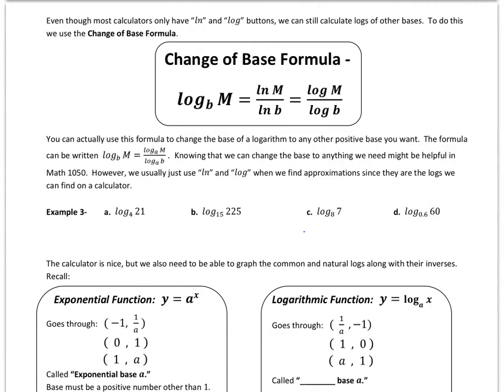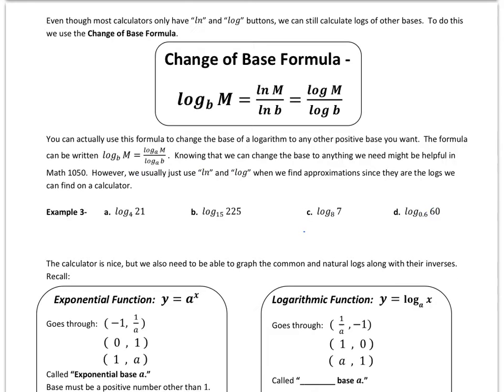All right, so calculators are nice, and logarithms are really simple if we have log base e or log base 10, because we have buttons for that. But what if it's not log base e or 10? Bit of a problem, because we don't have calculator buttons for it. So we introduce to you the change of base formula.